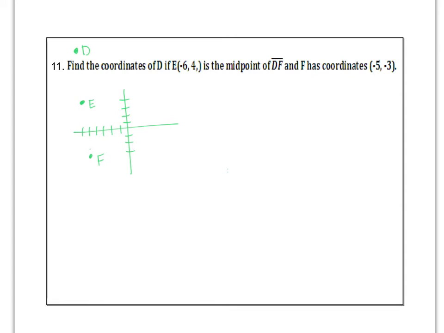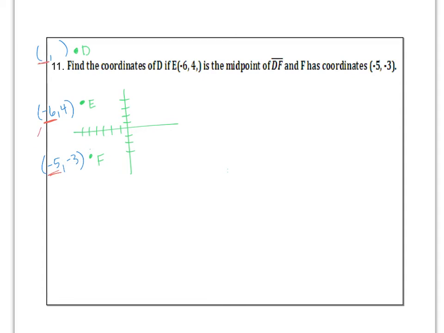So remember how F is at -5, -3, and E is at -6, +4, and we have to try to figure out what is the coordinate up there at D. So the shortcut way, the way that I like to do this, is I look at the numbers, and I know -6 has to be in the middle between -5 and something.